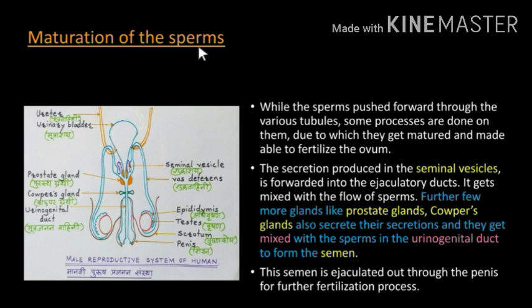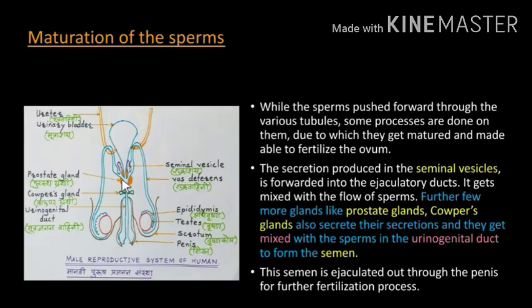Maturation of the sperms. While the sperms are pushed forward through the various tubules, some processes are done on them, due to which they get matured and made able to fertilize the ovum. The secretion produced in the seminal vesicle is forwarded into the ejaculatory duct. It gets mixed with the flow of the sperms coming from the vas deferens.